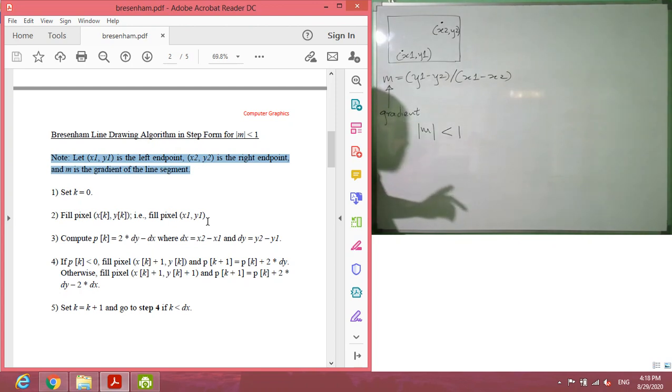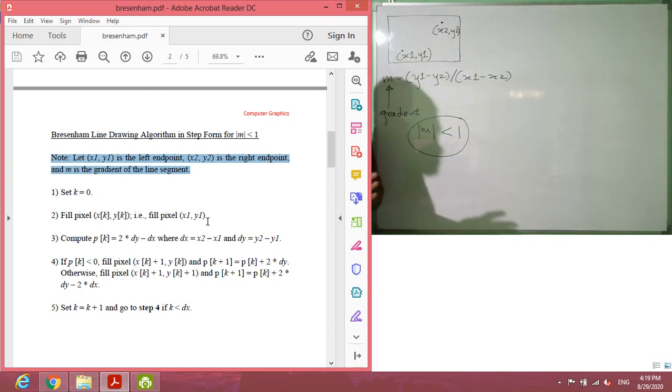But once you have learned the algorithm for this particular situation, you should be able to generalize it. That means using a programming language, you should be able to implement the algorithm for any m.